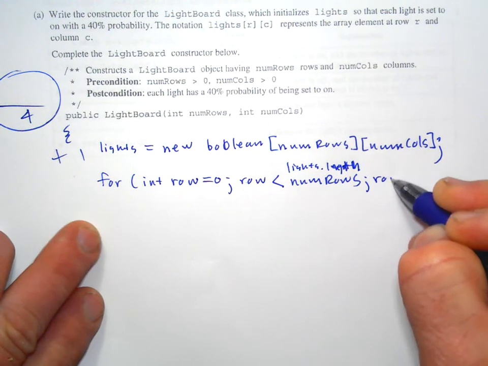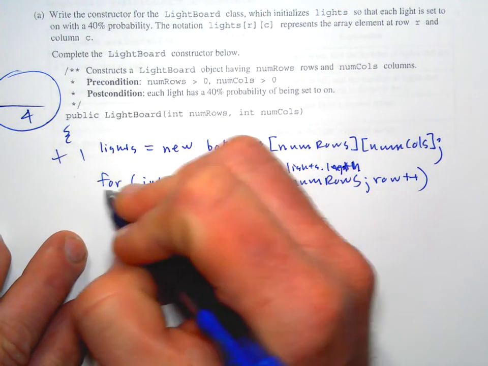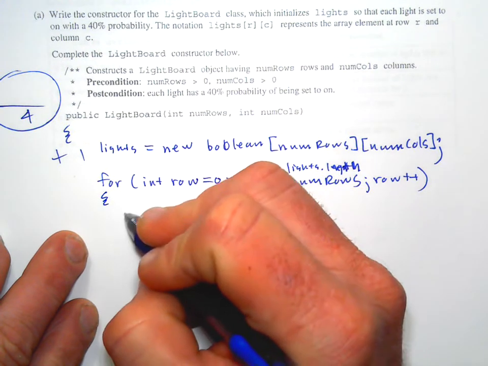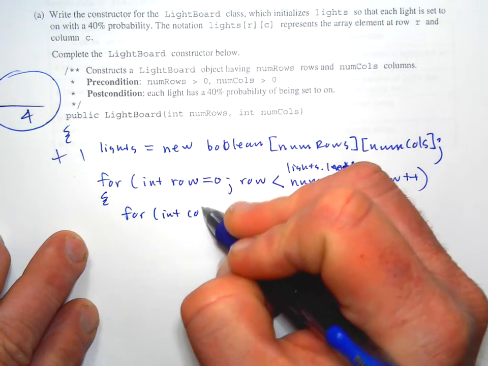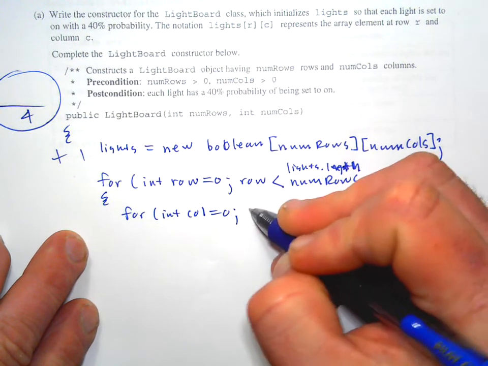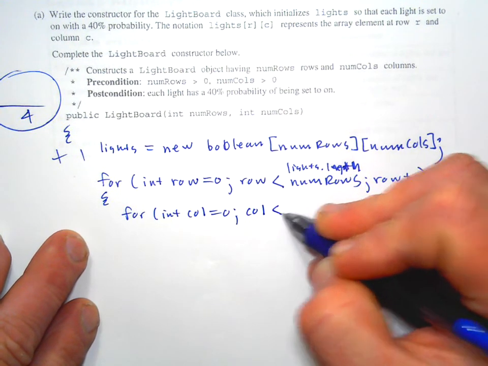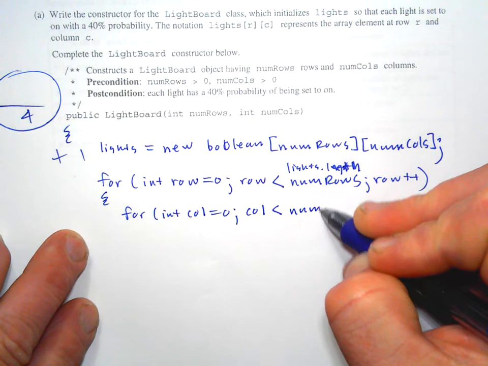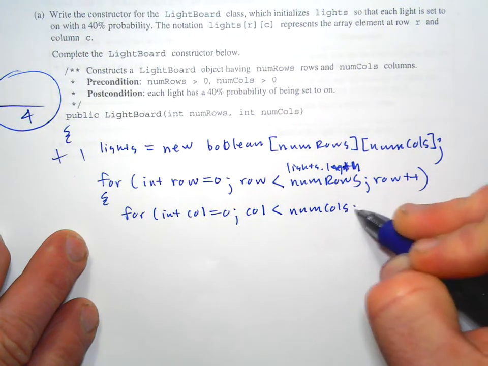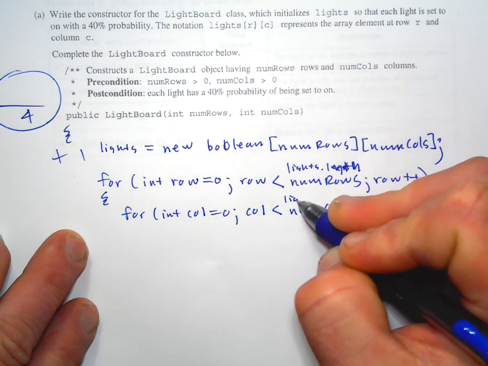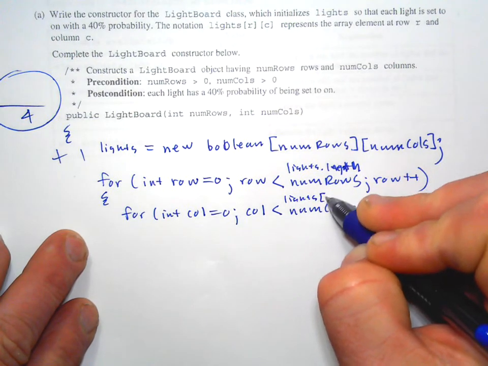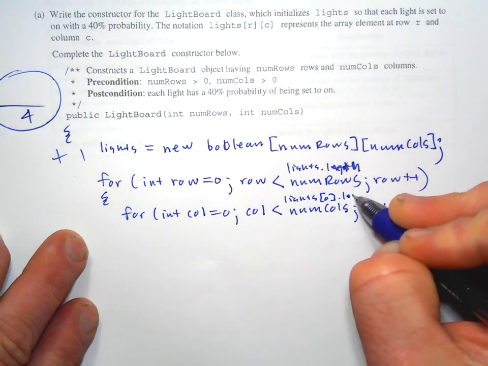Then row plus plus, and then we do another for loop, int column equals 0; column less than numCols, column plus plus, or you could do lights[0].length.